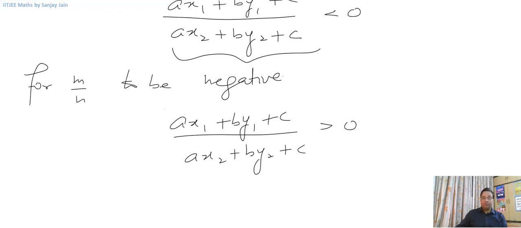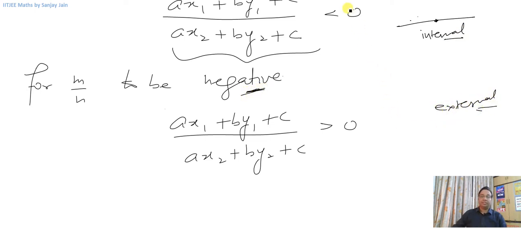Now what do we mean by that? We have already discussed that m by n is positive when the division is internal, and we take m by n to be negative in case of external division.